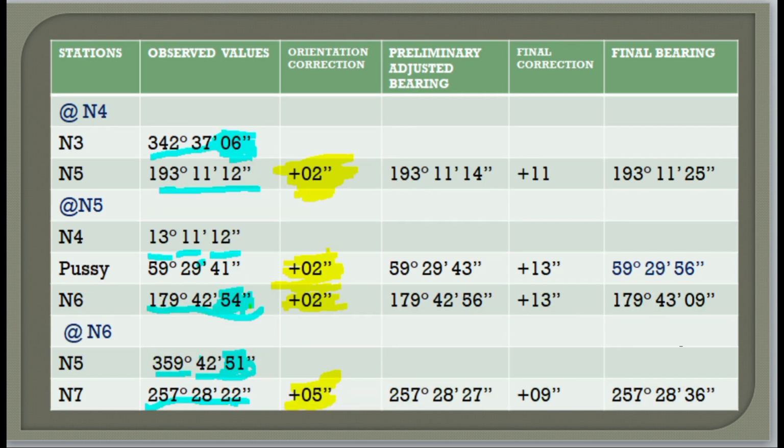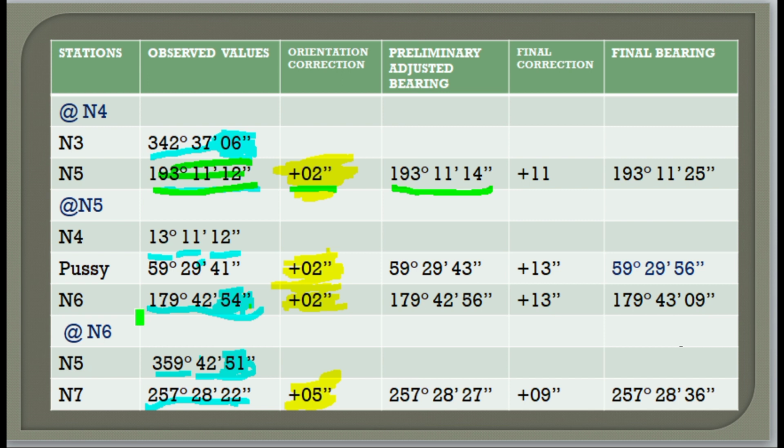Then we move on again to our next part. So from N4 to N5, the observed value added to the orientation correction, we get the preliminary adjusted bearing as 193, 11, 14.